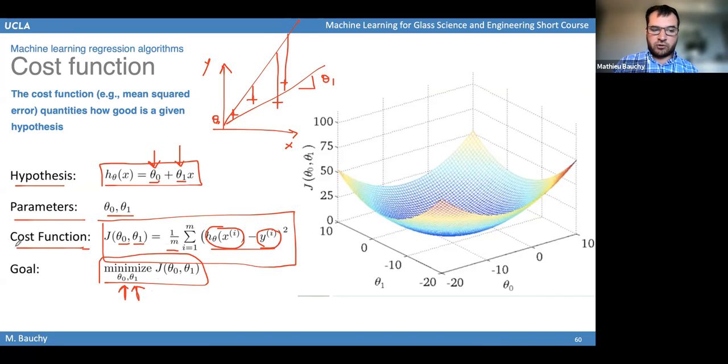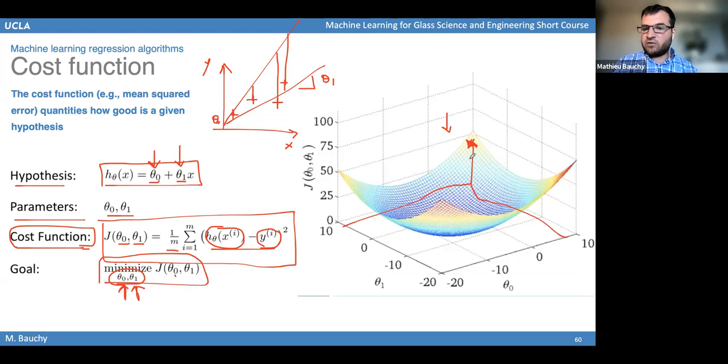You have a cost function and you try to find what are the optimal coefficients that will minimize the cost function. And so one way to think about this, to represent this, is you have this kind of landscape here, where, for example, you will start by an initial choice for theta 1 and theta naught. And then, so that's going to give you a value for your cost function.